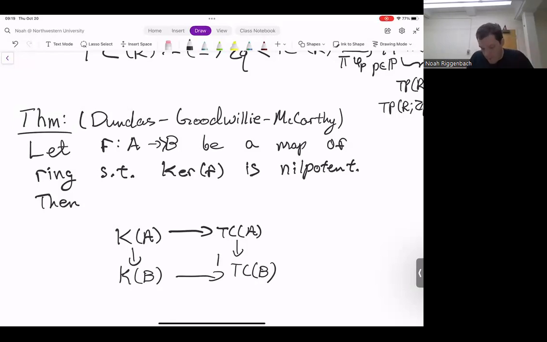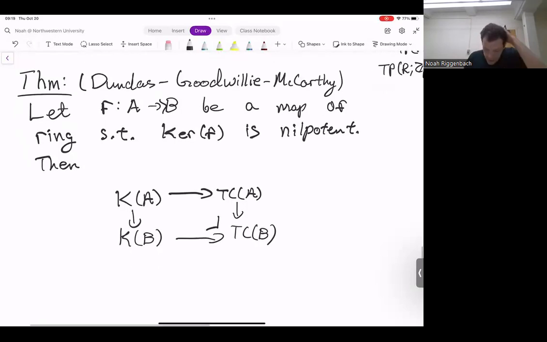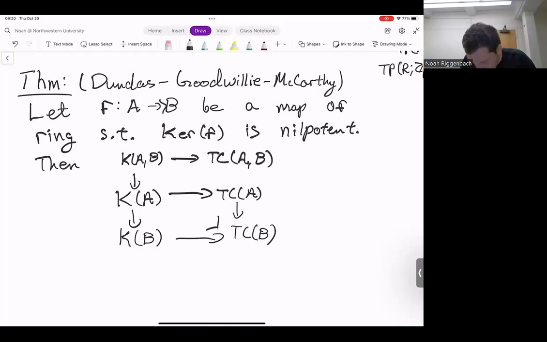And okay, this square is a pullback. In other words, if you look at the vertical fibers, which I'll write as K of A comma B, or TC, this will be an equivalence. So relative K-theory and relative TC are the same for nilpotent extensions.